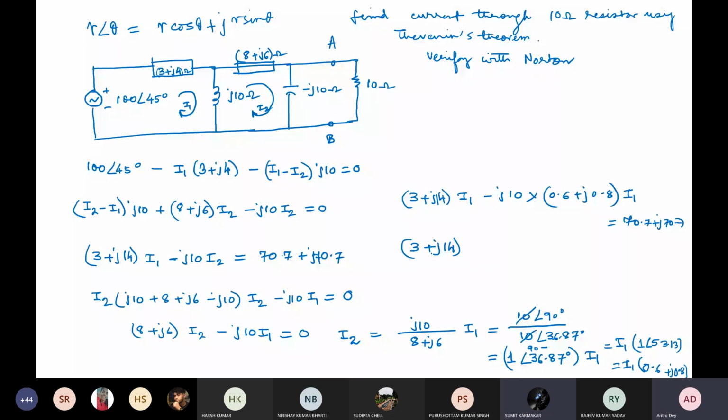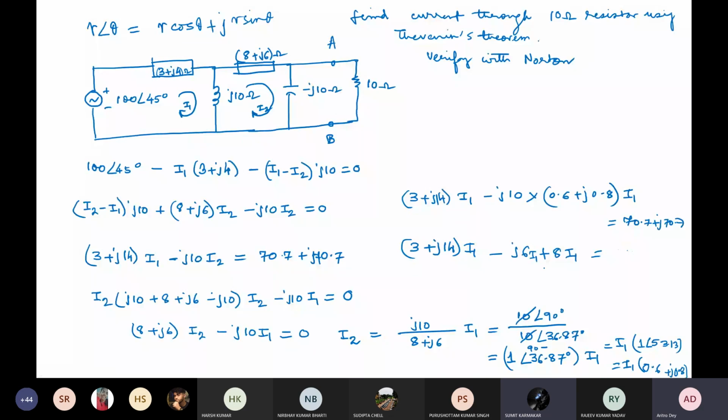Here it is minus j6, and minus j square means plus 8 I1. So what else can we write here? This is j8 I1 plus this is 11 I1, that is equal to 70.7 plus j70.7.